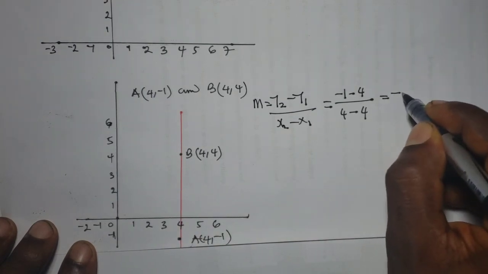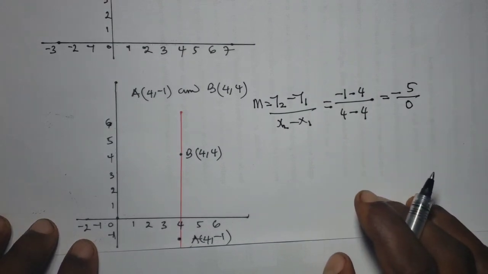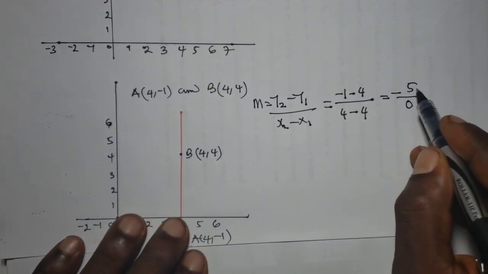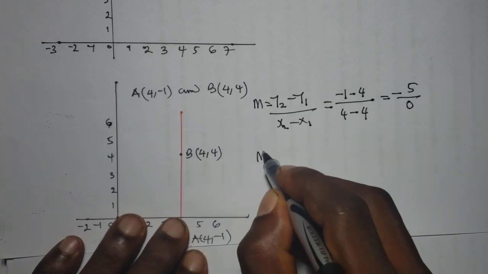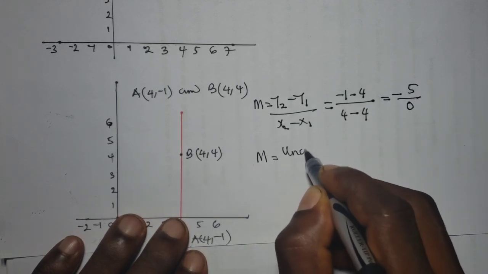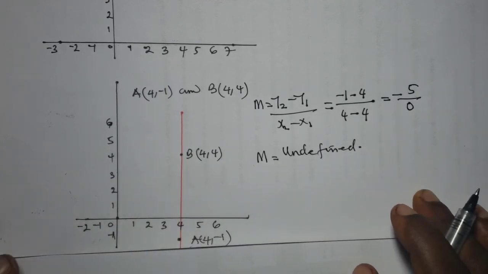This gives us negative what? 5 over what? 0. And we know that in mathematics, division by 0 is not defined, right? So we say that the slope m is what? Undefined. The slope m is undefined.